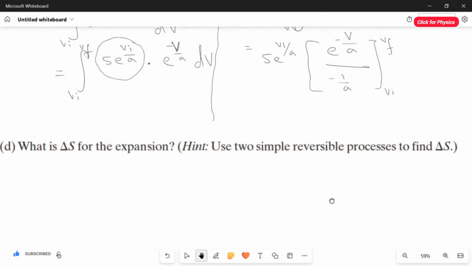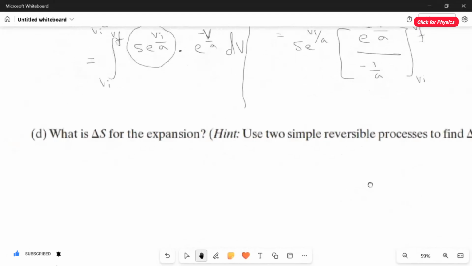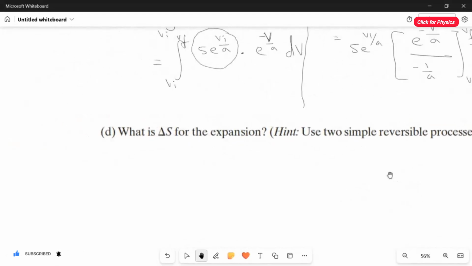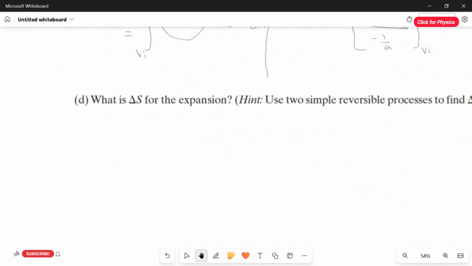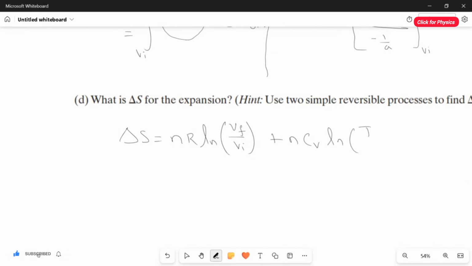Use two simple reversible processes to find delta S. As we already know from the theory, the formula for delta S is delta S, which is equal to n R natural log of v final over v initial, right, plus n Cv natural log of t final over t initial.